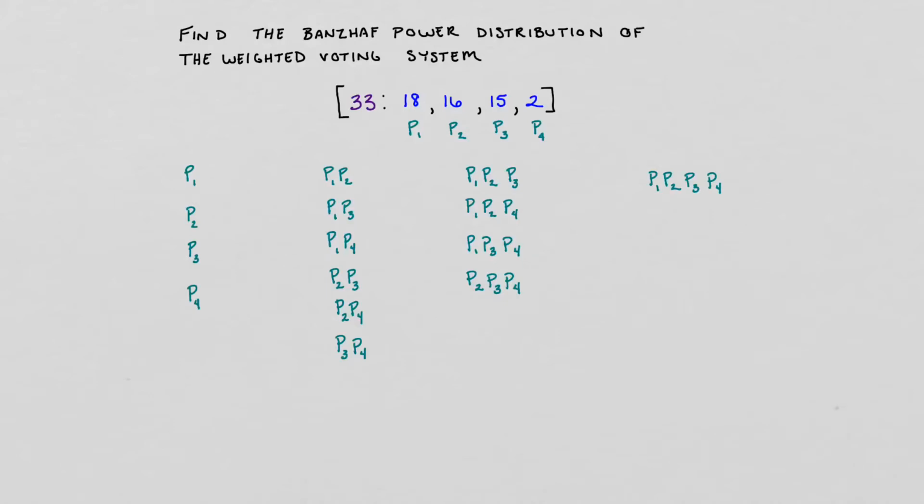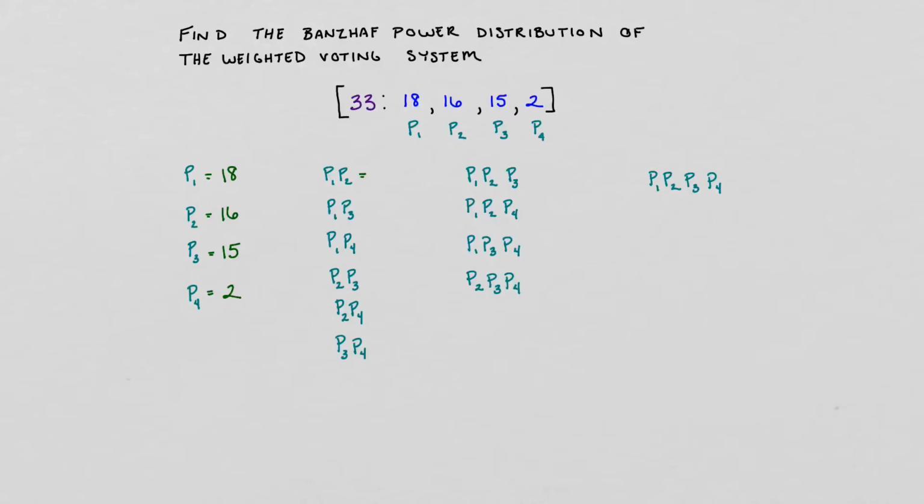So now we should start adding those weights together. So our solo situations are pretty easy. Player 1 is 18, player 2 16, player 3 15, and player 4 2. So I'm just pulling that information from what we have above in the problem. Then we're going to look at pairings.